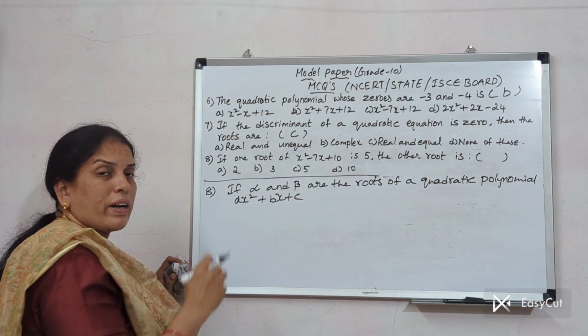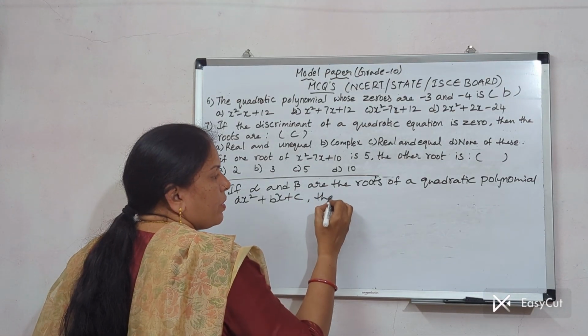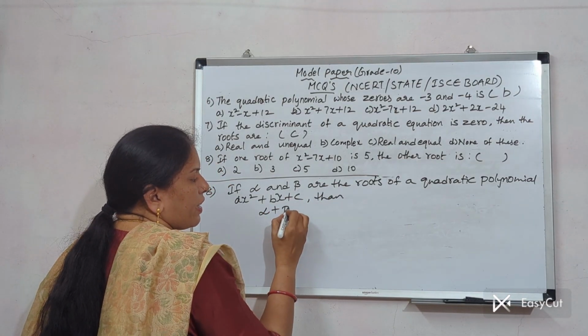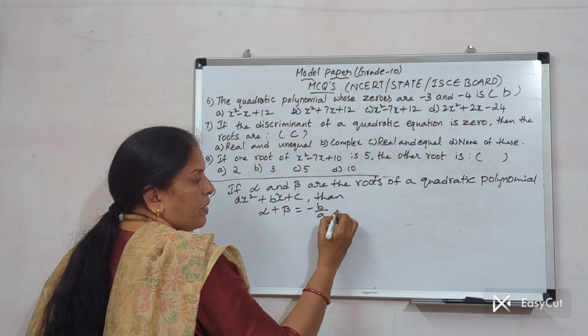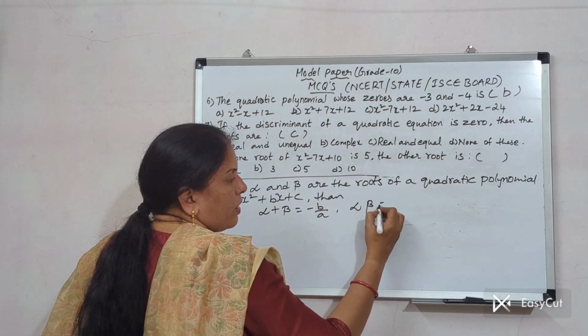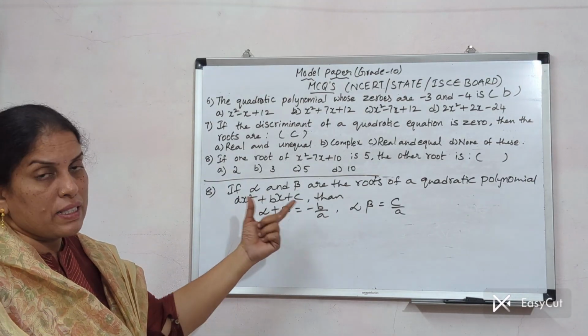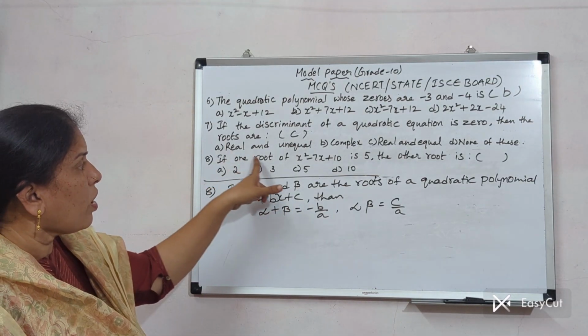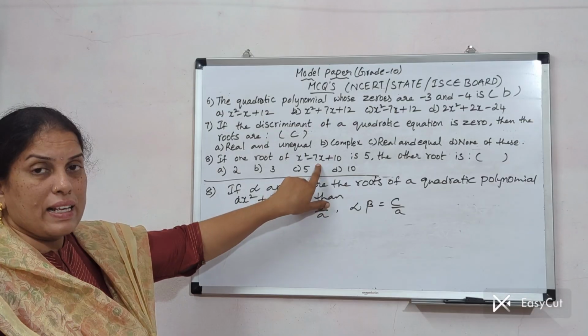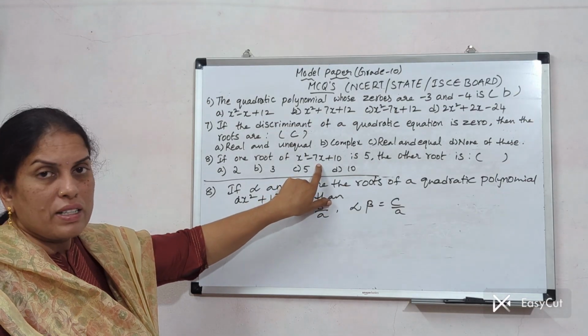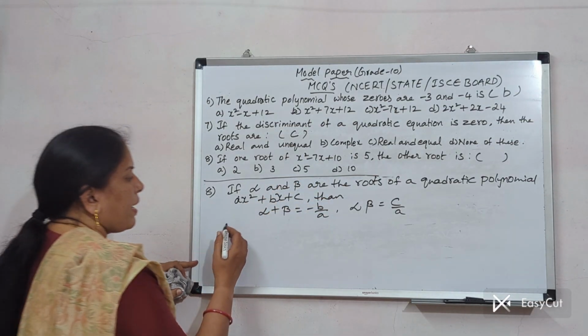Then alpha plus beta equals minus b by a, and alpha beta equals c by a. Here ax square plus bx plus c is the quadratic polynomial. In the question, x square minus 7x plus 10 is the quadratic polynomial. I am writing that one.